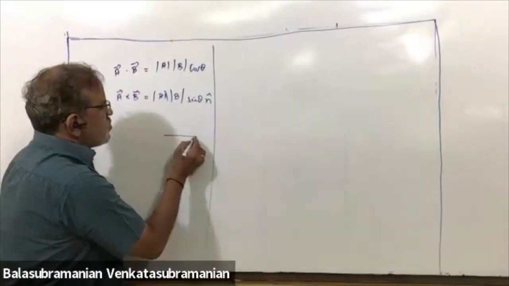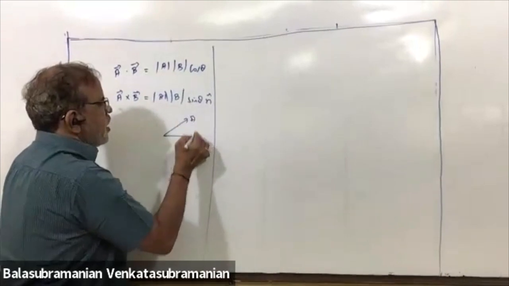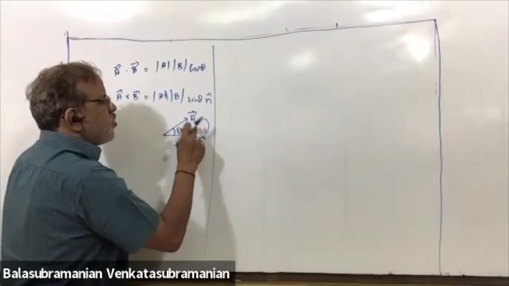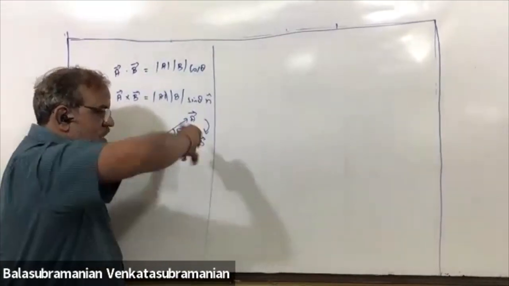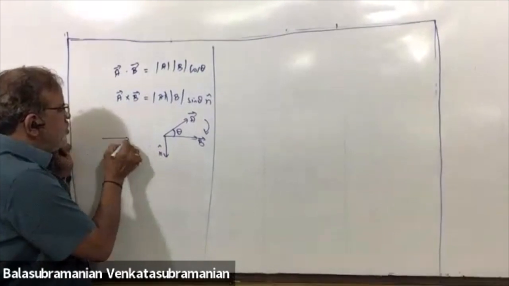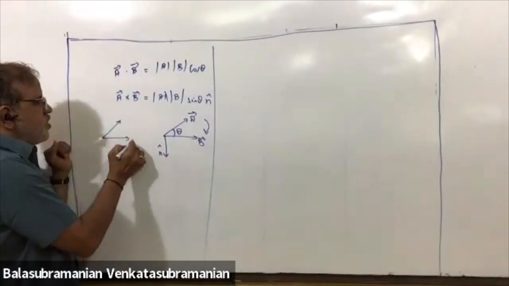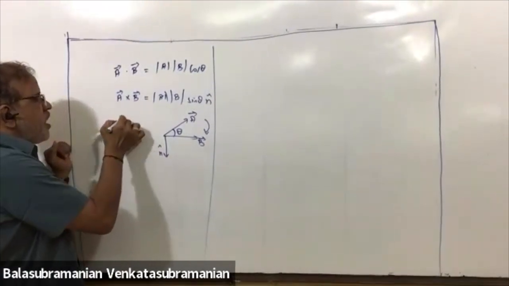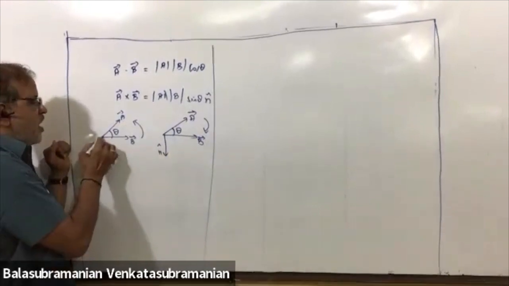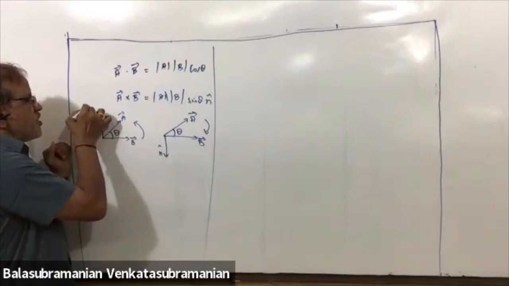Say vector A and vector B, you want A cross B clockwise. So the resultant will be downwards. B cross A, the resultant will be upwards.